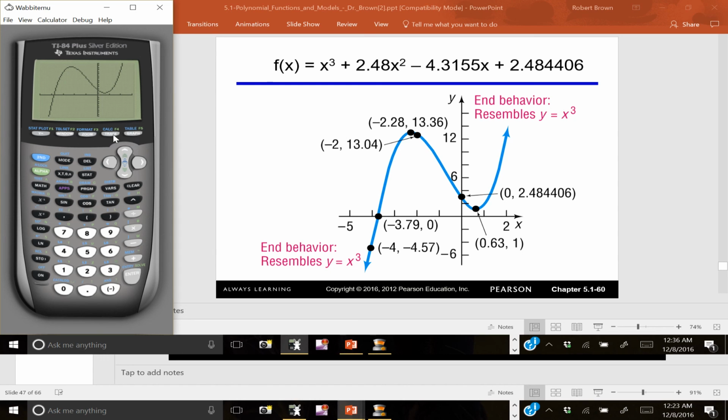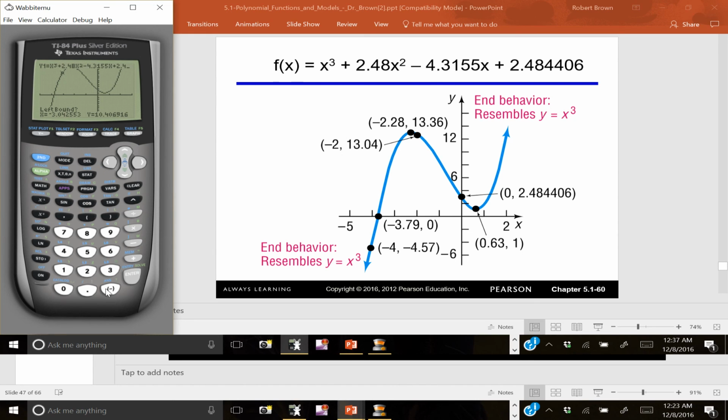Let's first of all turn on our trace, and let's find the maximum value. So let's move the cursor up to the left of the maximum value over here and hit second calc, maximum.